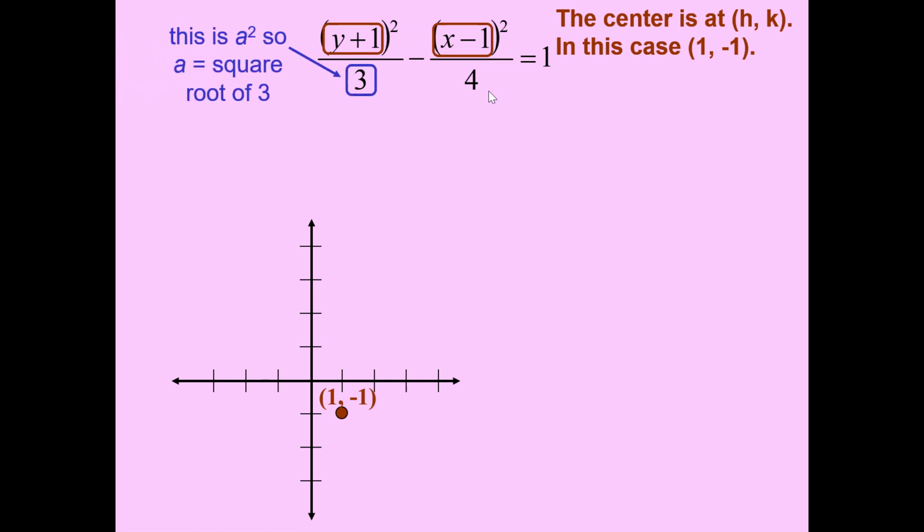In this case here, y is positive, so it's going to be spread out over the y-axis. a squared is 3, so a is equal to the square root of 3.